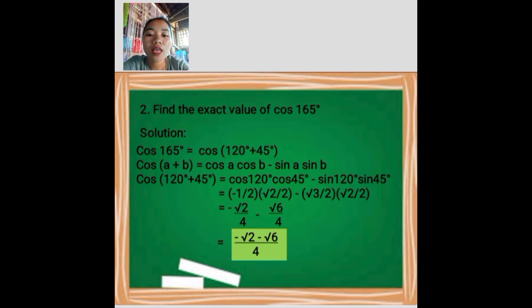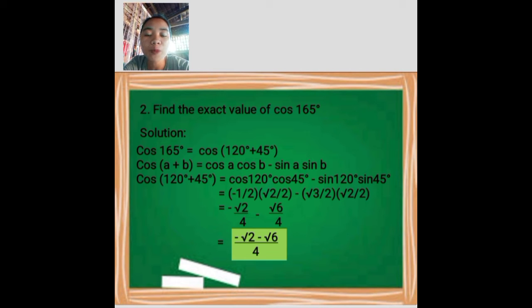So, a is equal to 120 degrees plus b, which is 45 degrees. So, cos a, we have cos 120 degrees, cos b is 45 degrees, minus sine a, which is sine 120 degrees, then sine b is equal to sine 45 degrees.